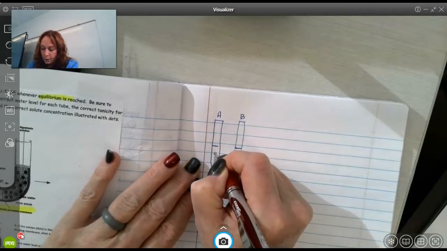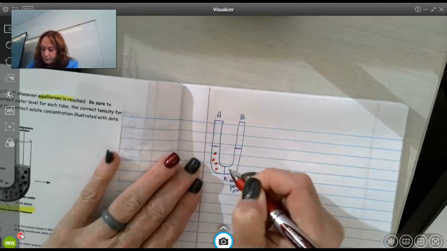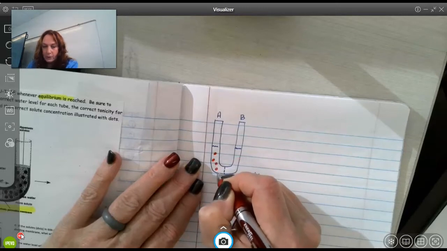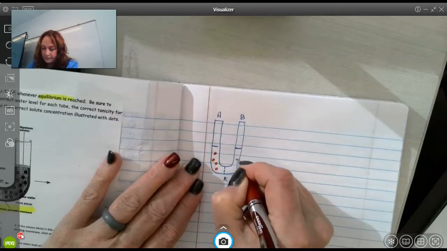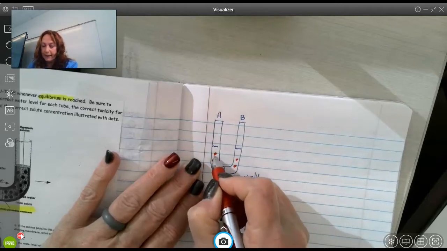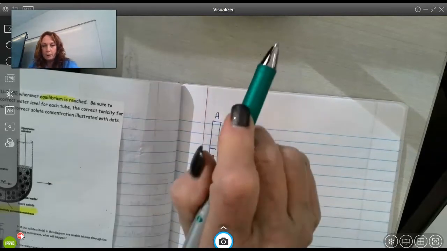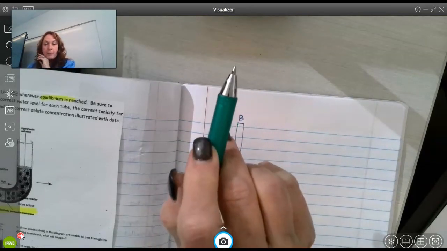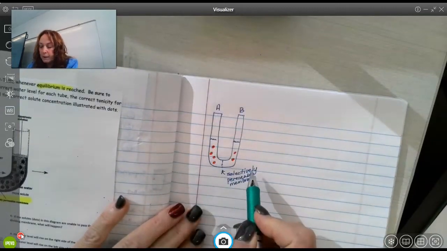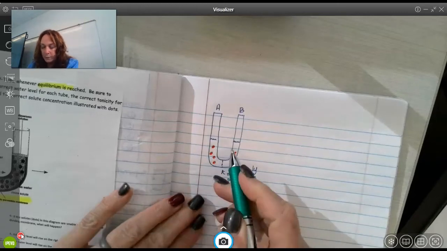So I'm going to put twice as much of the molecule that's red in A as in B. And I'm visually representing that by 4 to 2. The green molecules, I guess I'm thinking about Christmas, are going to be small enough to move through the membrane. So the membrane is permeable to the green.